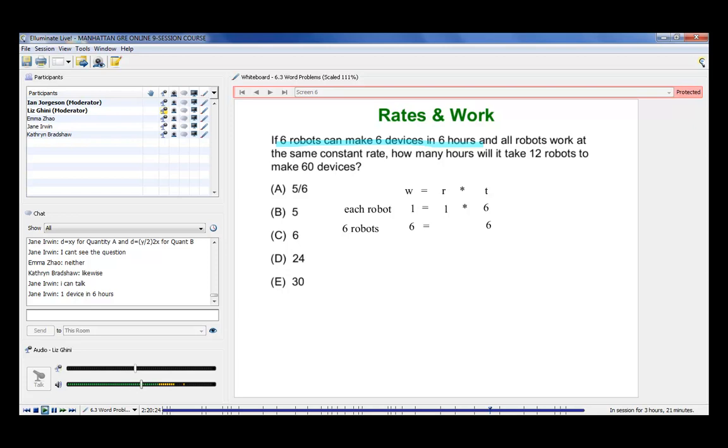So their rate must be, all right, they make 6 devices in 6 hours. Their rate must be 1 device in 6 hours. Okay, so it's one device in 6 hours. How do you translate that into devices per hour?